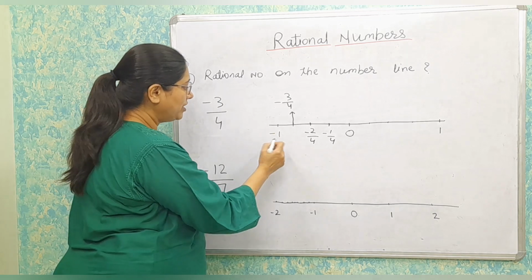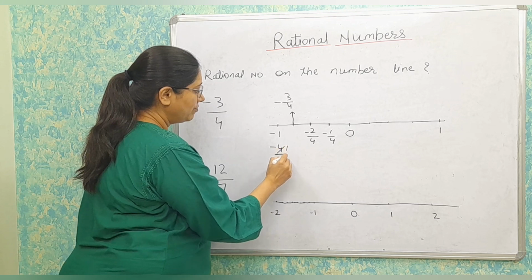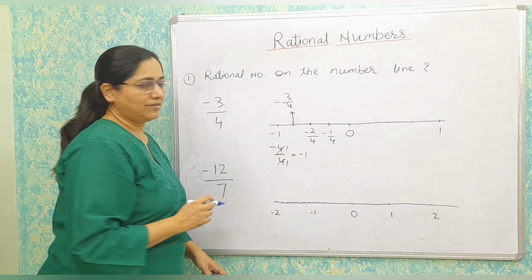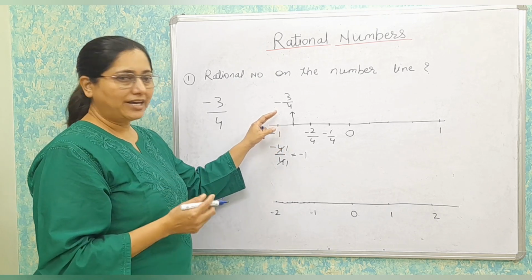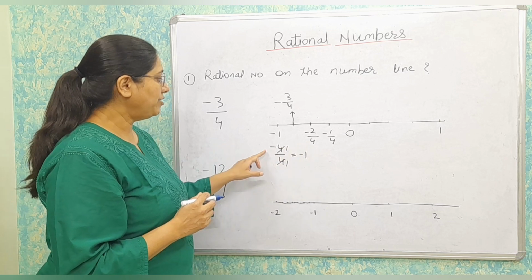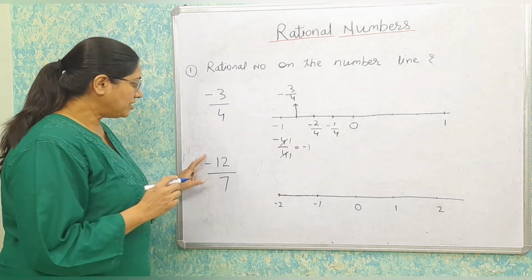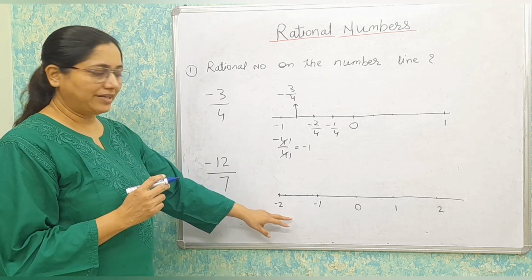And the last part we can say minus 4 upon 4. 4 ones are 4, 4 ones are 4 and answer is minus 1. So in this way we can say that minus 3 upon 4 lies between minus 2 upon 4 and minus 4 upon 4.